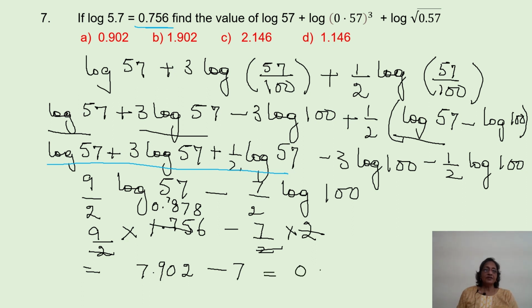Answer will be 0.902. Okay. The correct option here is the A option.